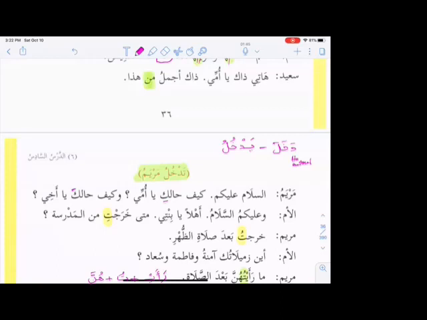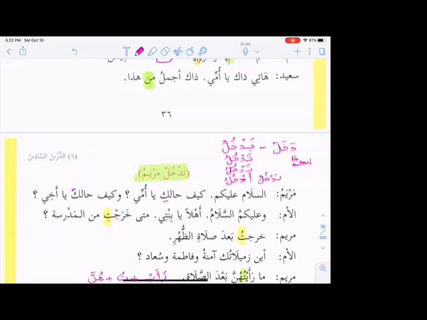Yadkhulu, Tadkhulu, again Tadkhulu, Adkhulu, and finally Nadkhulu.